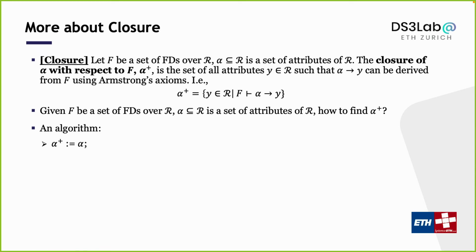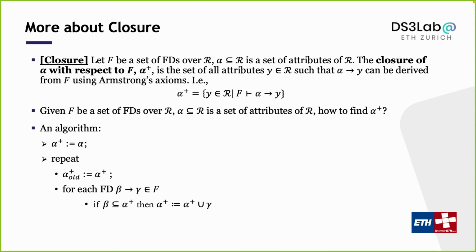The thing that you do is you start by setting this closure to alpha. That's the starting point, because all the attributes in alpha will also be in that closure. That's natural. And then you repeat the following.